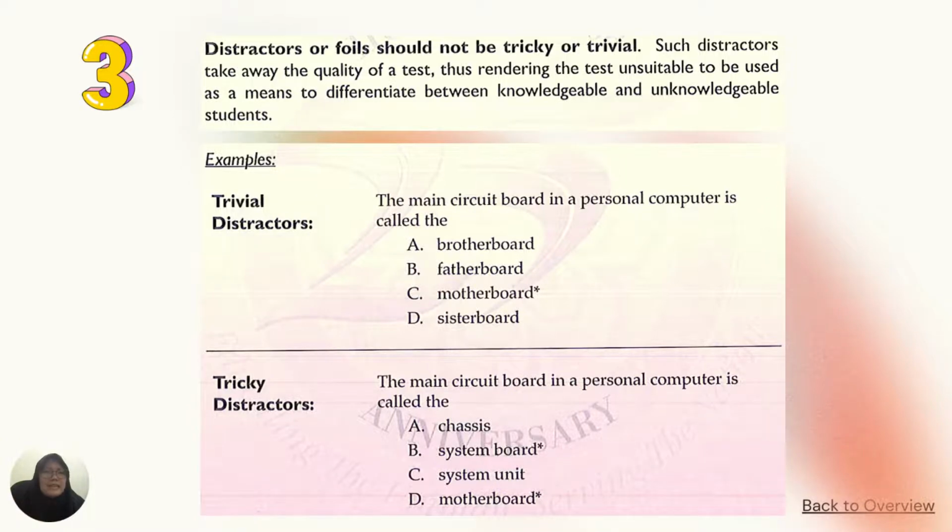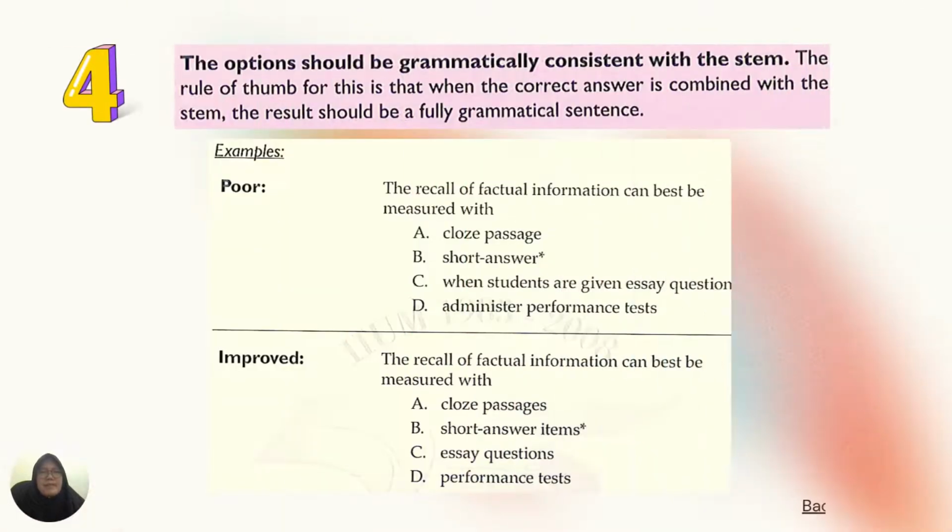The fourth guideline is that the options should be grammatically consistent with the stem. The rule of thumb is that when the correct answer is combined with the stem, the result should be a fully grammatical sentence.